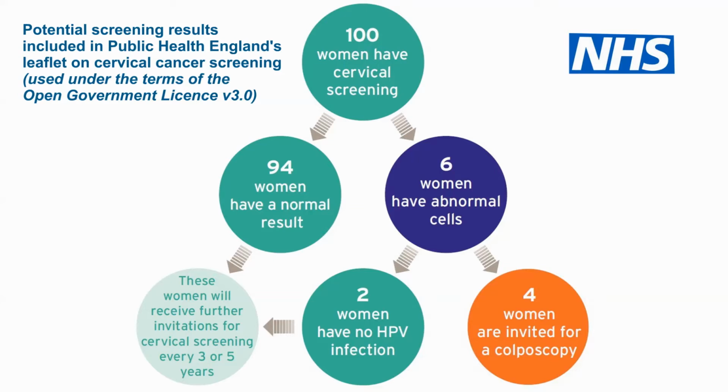So basically, out of 100 women who have cervical screening, how many of them would be expected to have abnormal cells, and out of those, how many would be expected to then be invited for further tests, which is a colposcopy, as can be seen in the infographic, and also other kinds of outcomes. So this is a very nice way to break down the potential results. We have seen in our interviews that women do tend to like this kind of figure a lot.